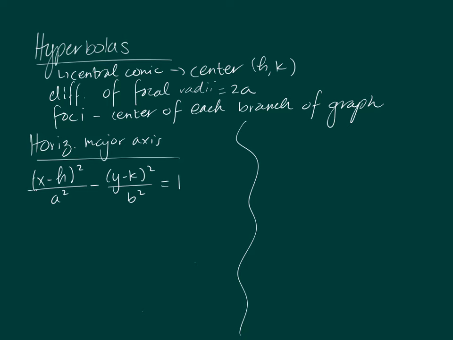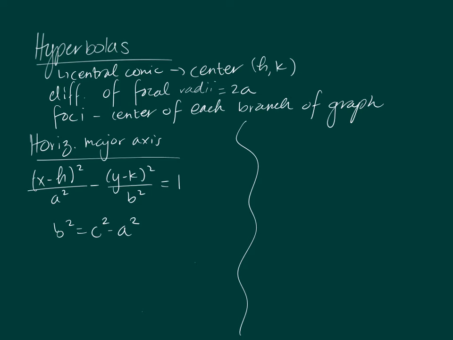And then the way to figure out b squared: with ellipses, it was a squared minus c squared. This time it's c squared minus a squared. Okay, some of you are wondering why you got negative values on your quizzes. It's because you mixed the order.